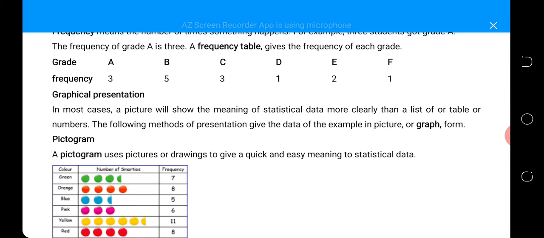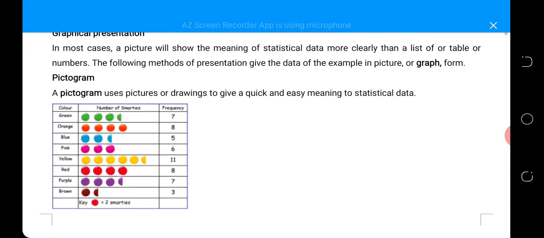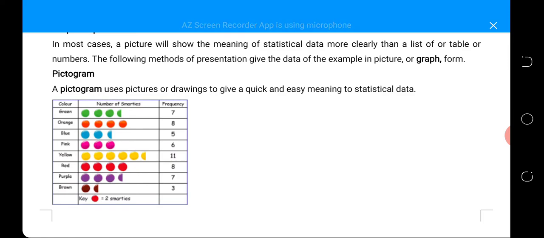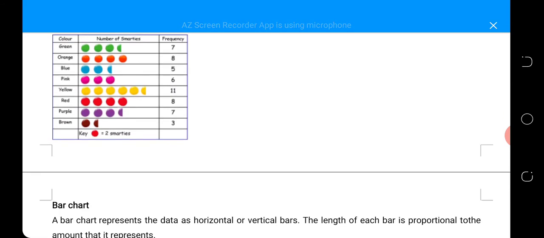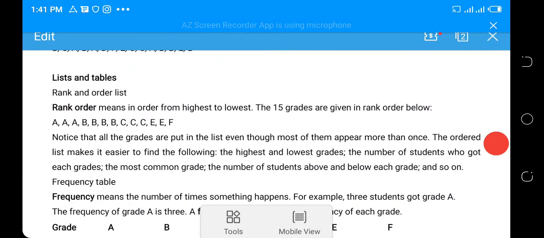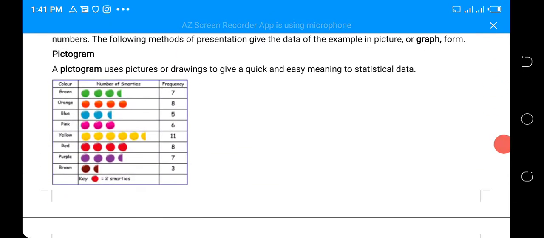Some of the ways of representing data graphically are pictogram, bar charts, and pie charts. Let's take them one by one.